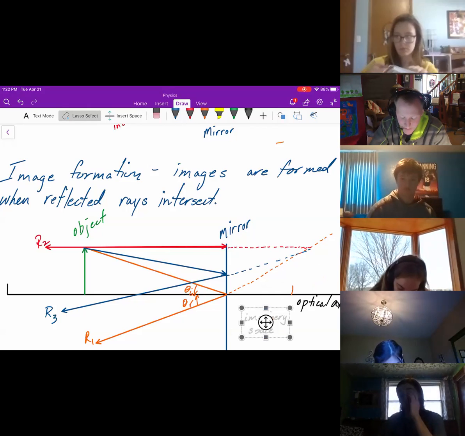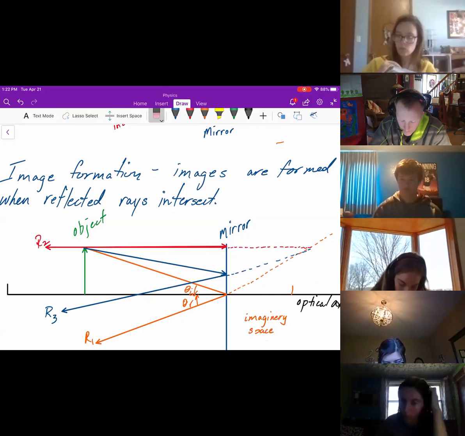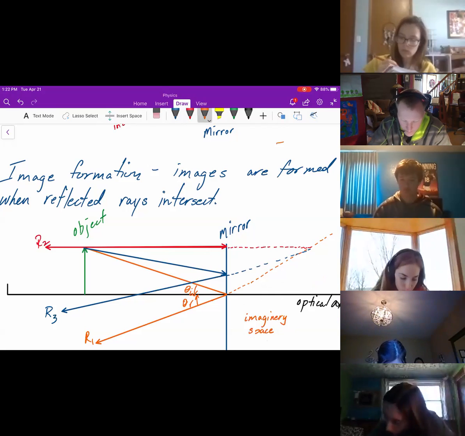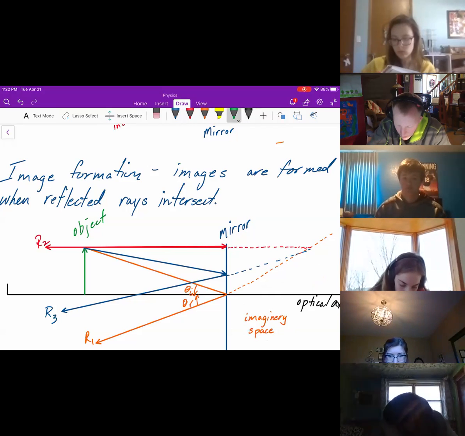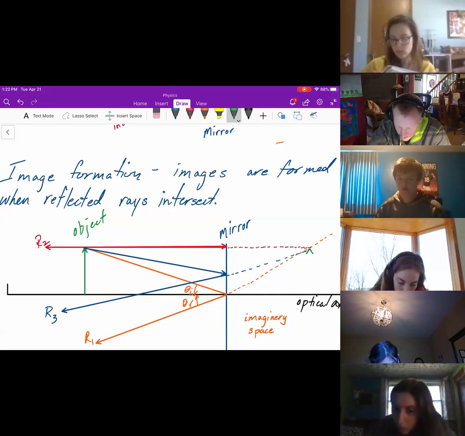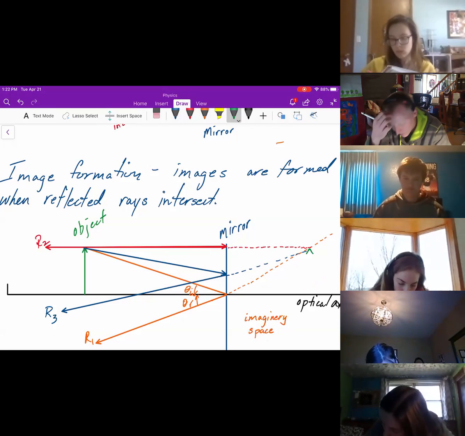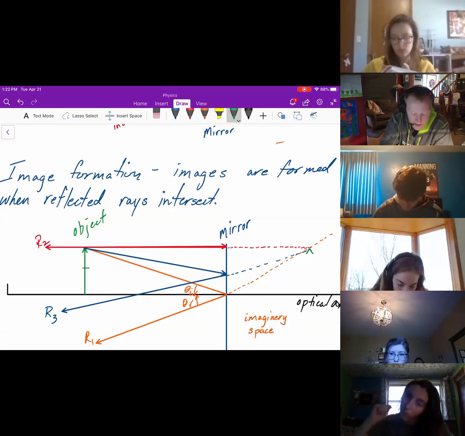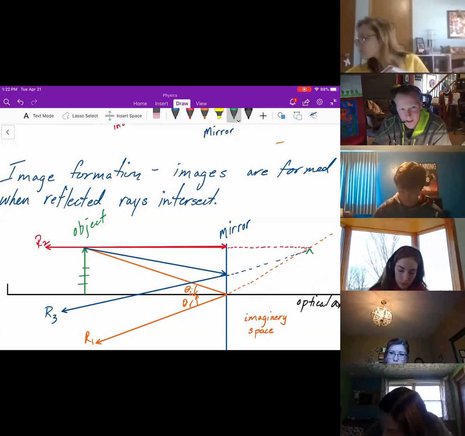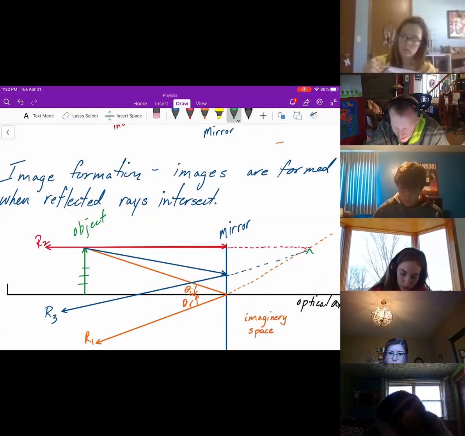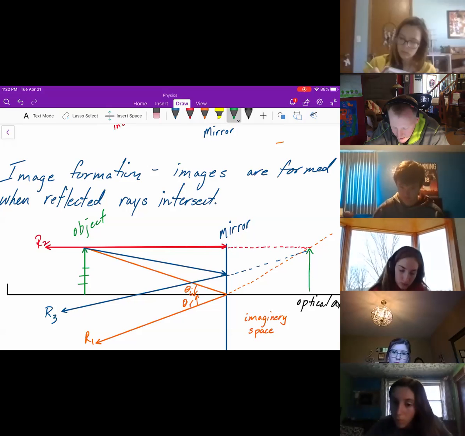And that defines where an image is formed. So back here, this is where the tip of our image is. And then if we followed down and took different slices of this image, we would find a similar thing, just a straight line approaching the optical axis.